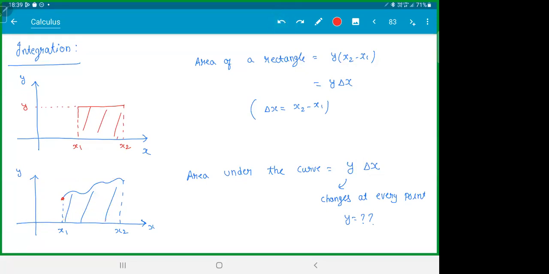So what is the technique for this? What we do is we choose a small part. We need to choose such a small part, a small dx or small delta x, where we can assume y is almost constant.